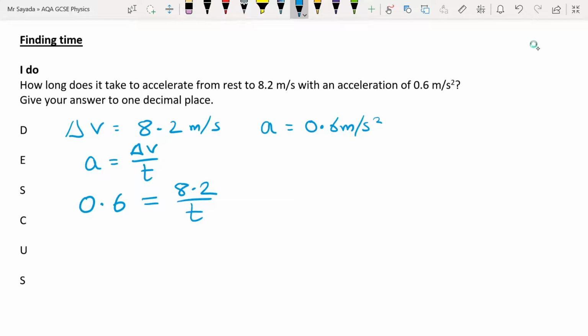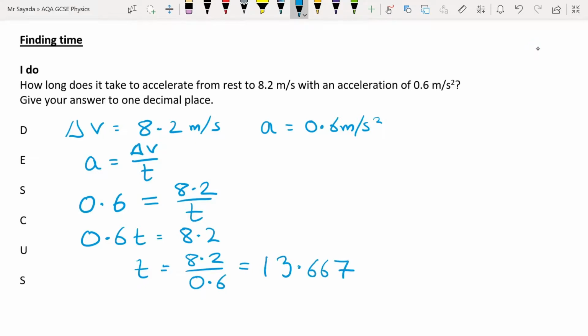So to rearrange this, I'm going to multiply both sides by t to get 0.6t equals 8.2. And then I'm going to divide both sides by 0.6 to get t equals 8.2 divided by 0.6. Now, this happens to be the same answer, but that's just a fluke.